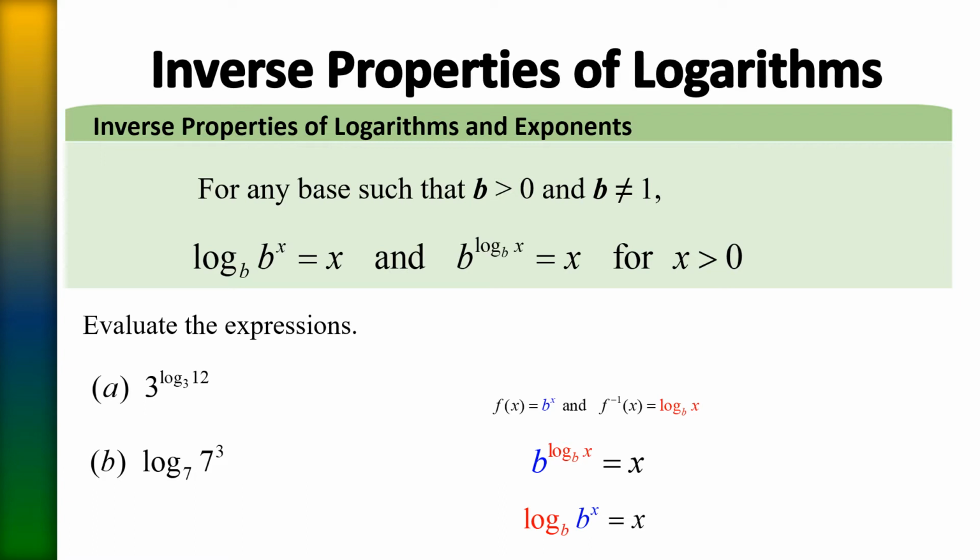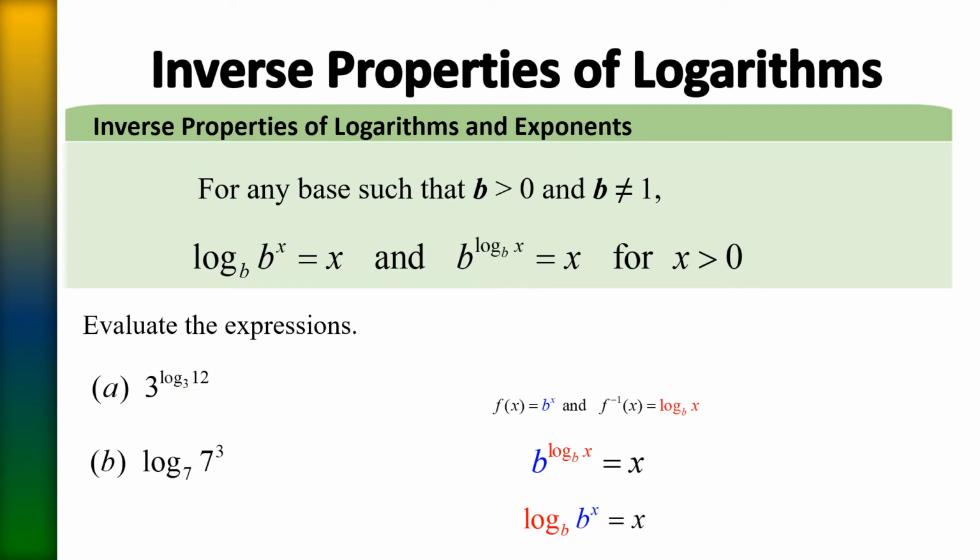So what does that mean in terms of an actual problem? Well, let's solve one. Here we have 3 raised to the log base 3 of 12. Notice that this base is the same as the base within the log.